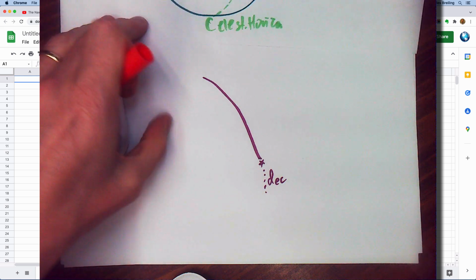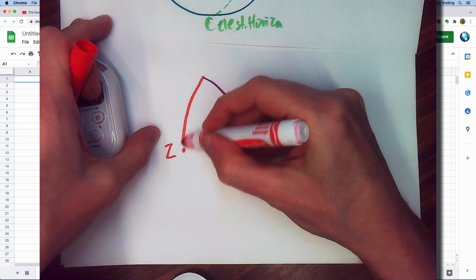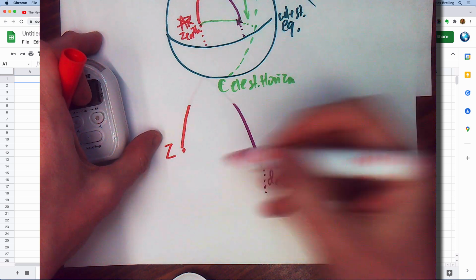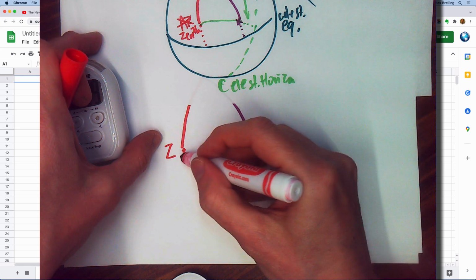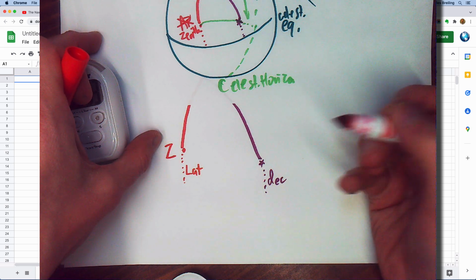And then here we have our zenith position. And our zenith position, if we're actually on the oceans, we're going to estimate what our actual latitude is. So this part is actually latitude.